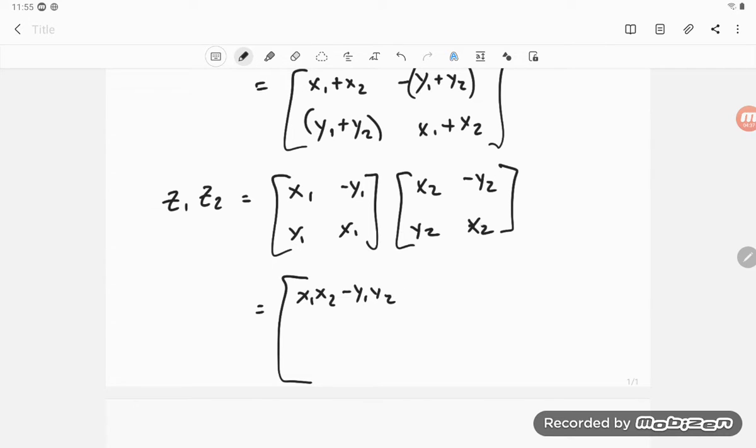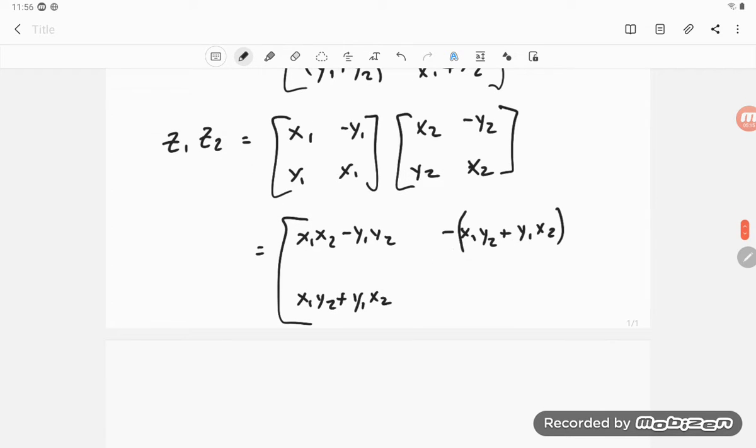For the next part, row 1 times column 2, I get a negative x1 y2 and a negative y1 x2, so I'm just going to put a negative around that whole thing. Bottom row, I get x1 y2 plus y1 x2.